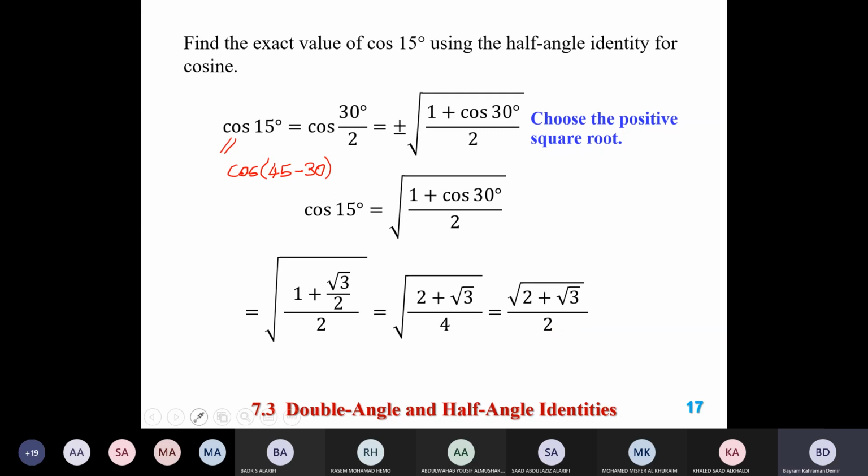And interestingly, I'm going to let you do it by yourself. If you do it this way, Shabab, cosine of 45 minus 30, you will get this result, root 6 plus root 2 divided by 4.